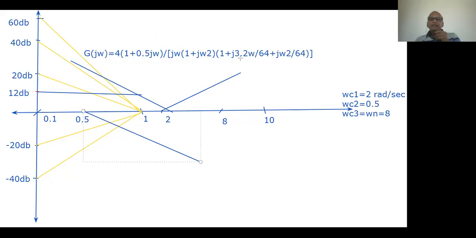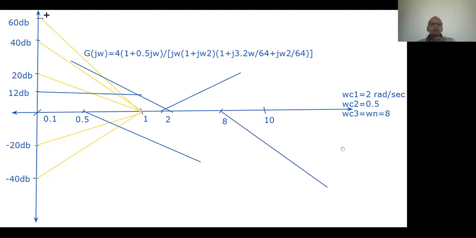And then this is a quadratic factor, that is complex conjugate poles. The corner frequency equals omega n, equal to this 8. Then here the slope is minus 40 dB per decade. That is minus 40 dB per decade.